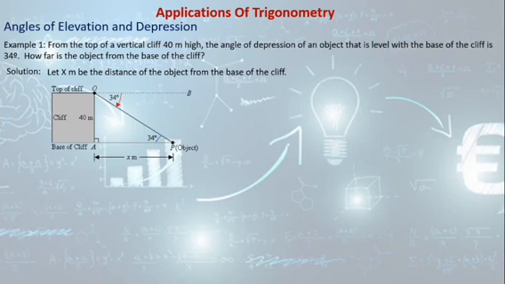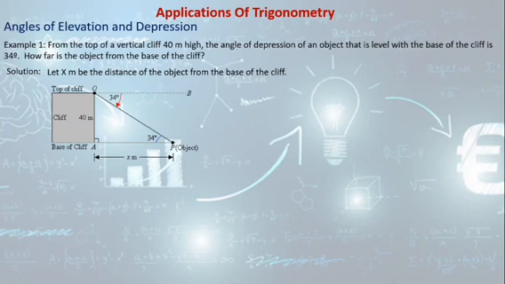But because the angle of depression is the same value as the angle of elevation, we can simply call the angle of elevation 34. They are alternate angles. You can see that Z right there, and that makes this 34. So the side facing that angle 34 is the opposite side, and we are required to find the adjacent, which is the distance between the object and the foot of the cliff.